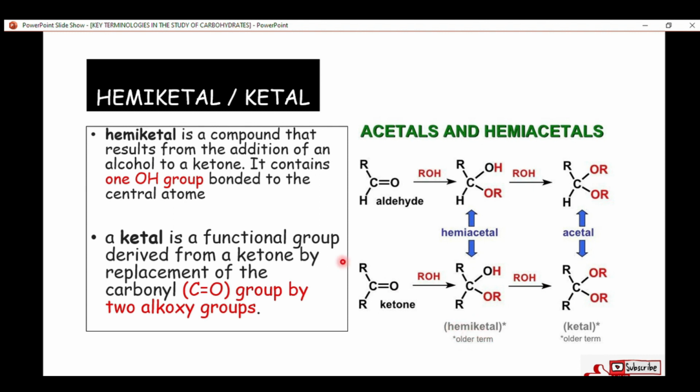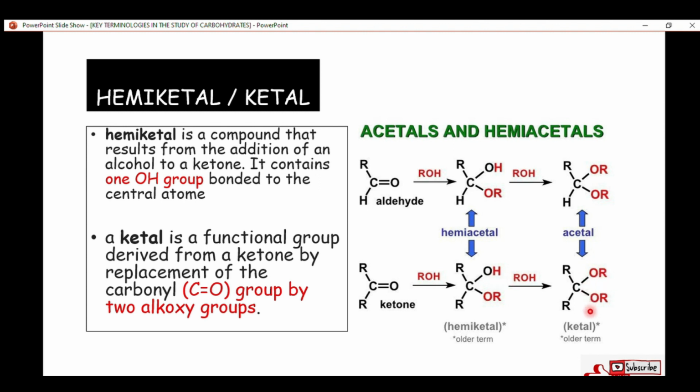And in the ketal, we have a functional group derived from the ketone by replacing the carbonyl functional group with two alkoxy groups. So we add two alkoxy groups, that's OR groups, to this ketone, converting the OH to an OR group as well.